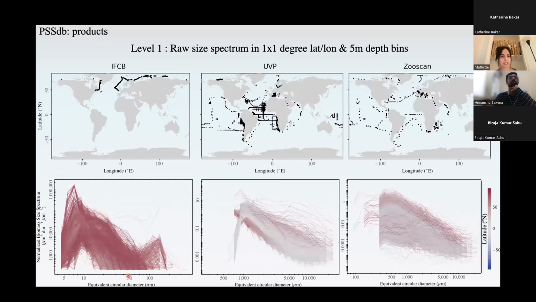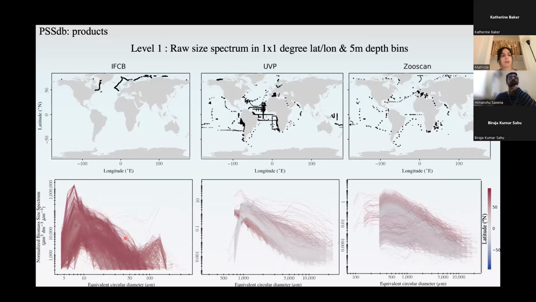So the x-axis represents the size estimated from the area, produced as equivalent circular diameter, and the y-axis is the sum of biovolume divided by the sample volume divided by the bin width. So it's roughly equivalent to a number of individuals or particles per liter. And so you see the number of particles per liter typically decreases for all the instruments.